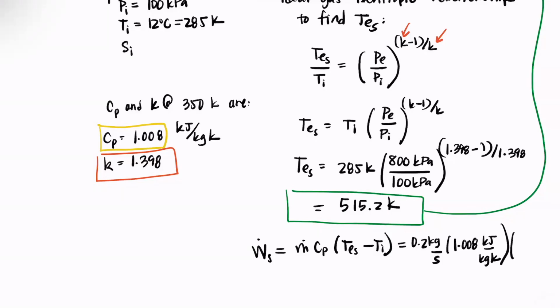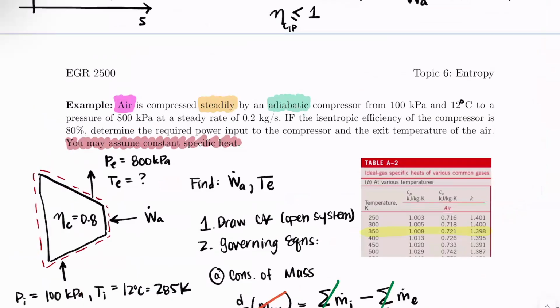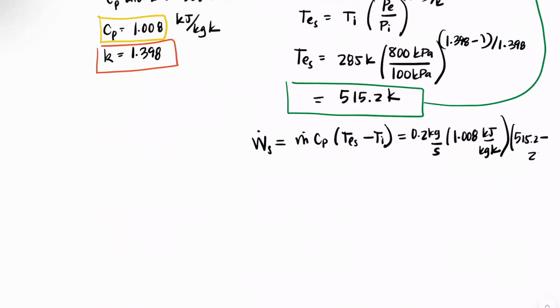And then times our difference in temperature. So we have 515.2 minus TI, which is 285 Kelvin. All right, so we find W dot S is 46.4 kilowatts. All right, so this is our ideal power input.